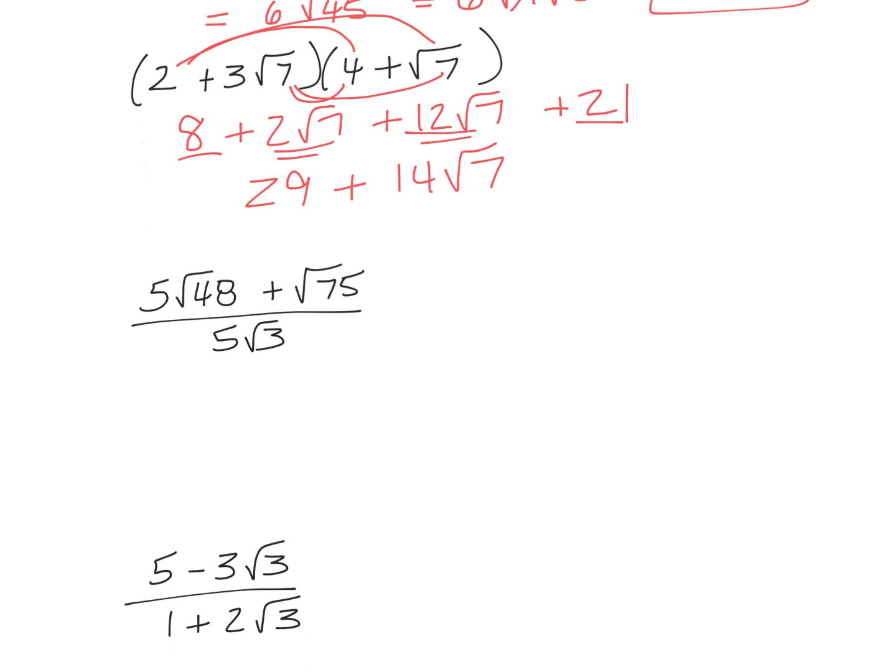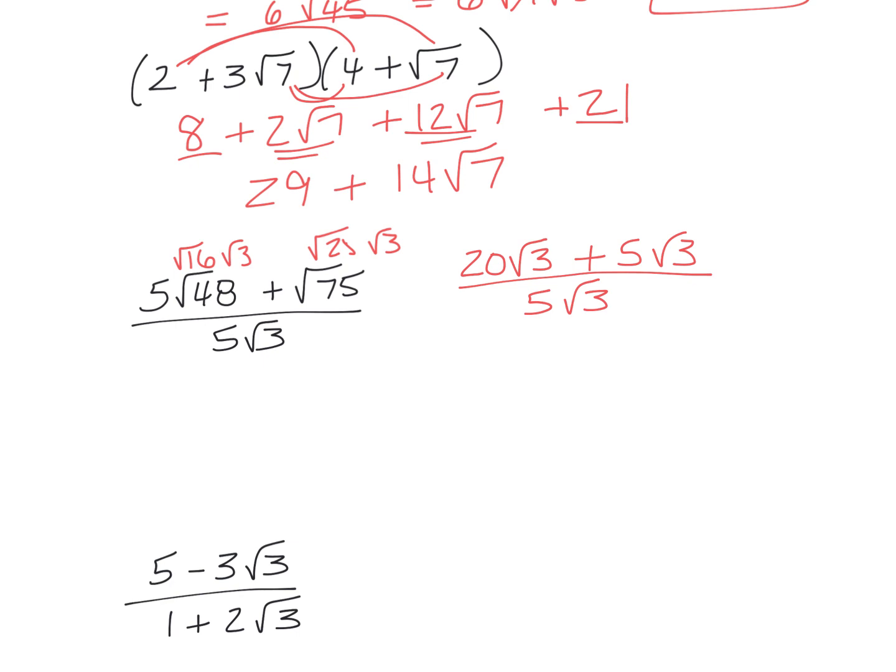Here I'm doing some division. Again, I could simplify these radicals as much as I can. I think 48 could be 16 and 3. 75 would be 25 and 3. So now I've got 20 root 3 plus 5 root 3 on the top, which is 25 root 3.